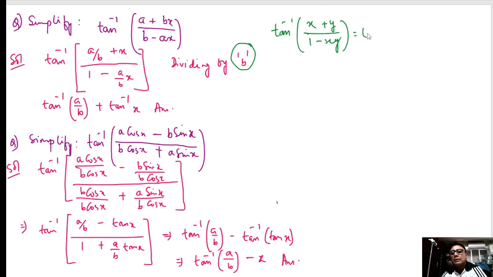What is the formula? Tan inverse x. So we are using here tan inverse a by b. This is my x and this is looking my y. 1 minus this. So see, we are using tan inverse this plus tan inverse this, and that is the answer.